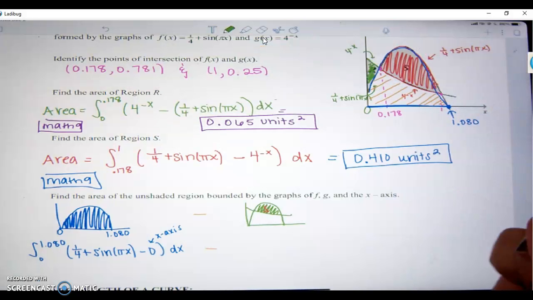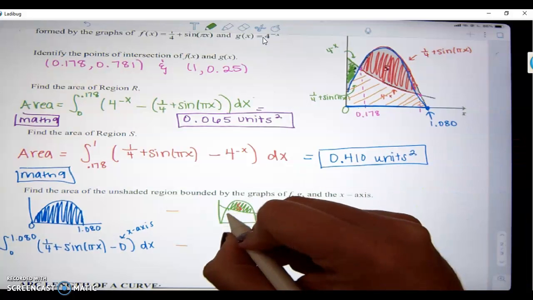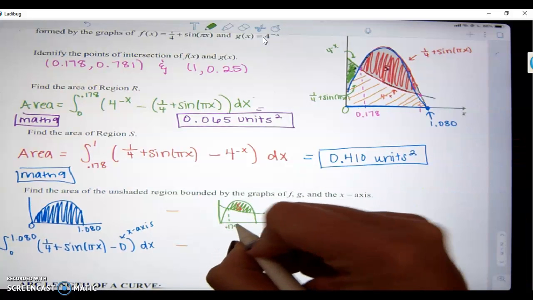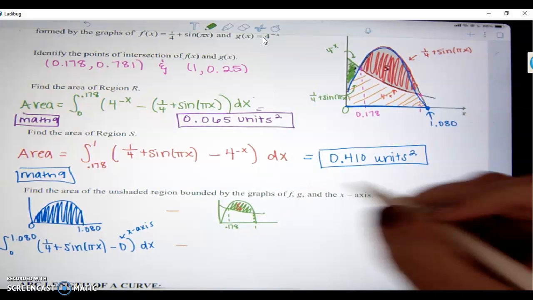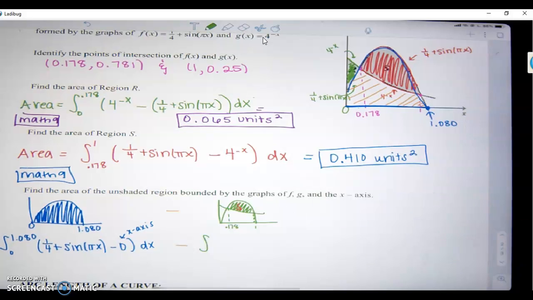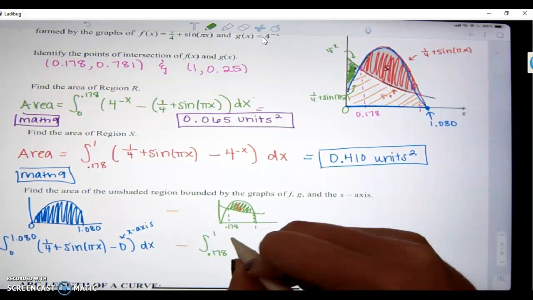And S went from 0.178 to 1. Remember, that went to 1 there. So that integral, which I've actually already found in the last part, was from 0.178 to 1.